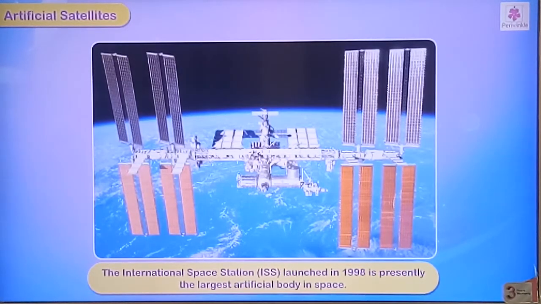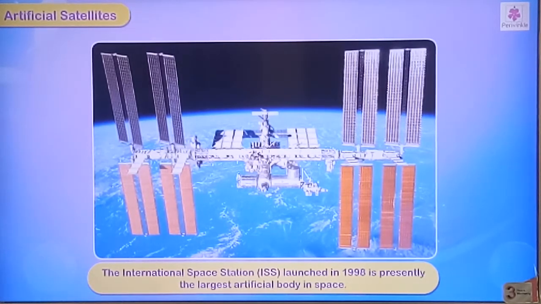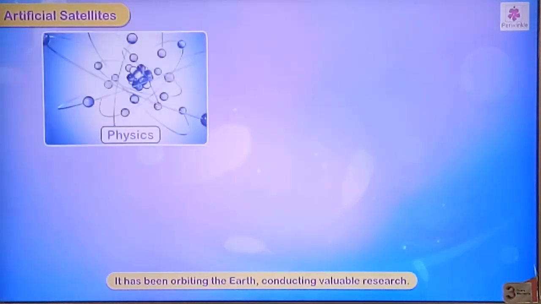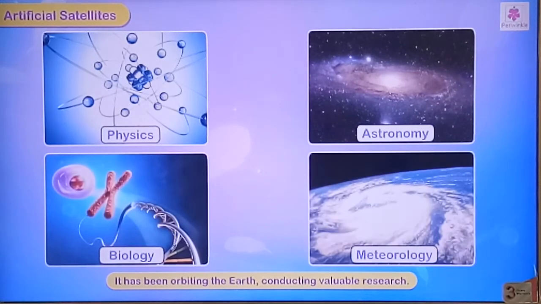The International Space Station, ISS, launched in 1998, is presently the largest artificial body in space. It has been orbiting the Earth conducting valuable research in physics, astronomy, biology, meteorology, in all aspects.